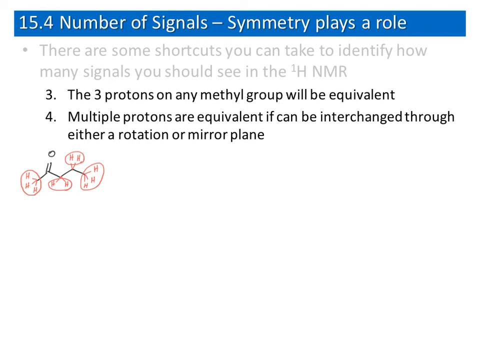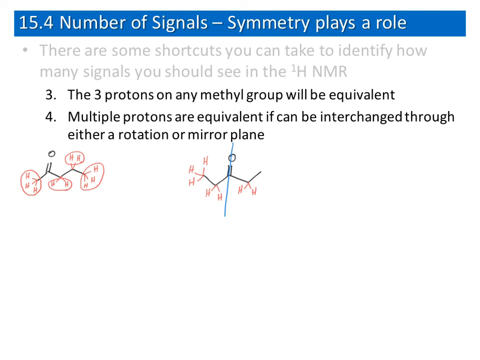Now sometimes you can have a compound such as this. So if we go through the same analysis, what we find is that these 2 hydrogens are going to be the same, and these 3 hydrogens are going to be the same. Now here there is a symmetry in the molecule, so there is a plane of symmetry in this molecule. Therefore, what we find is that these 2 protons are the same as these 2 protons.